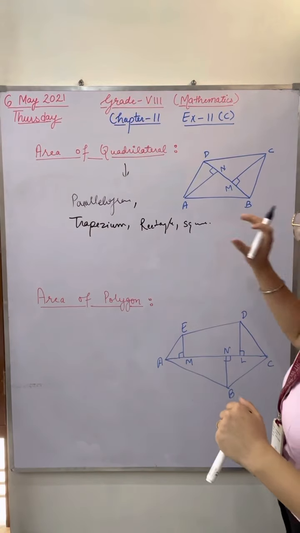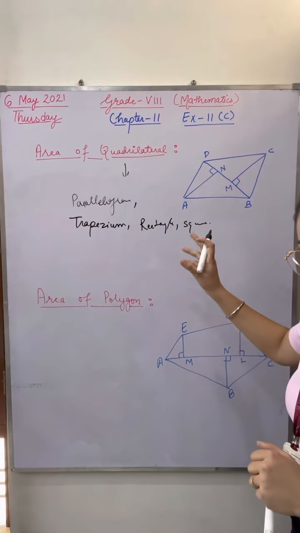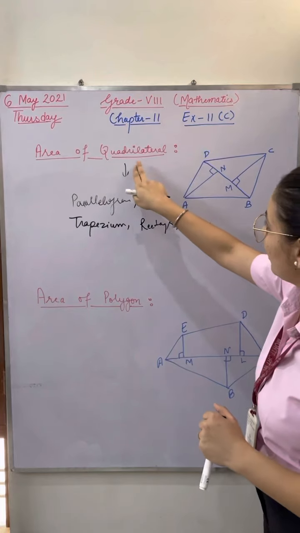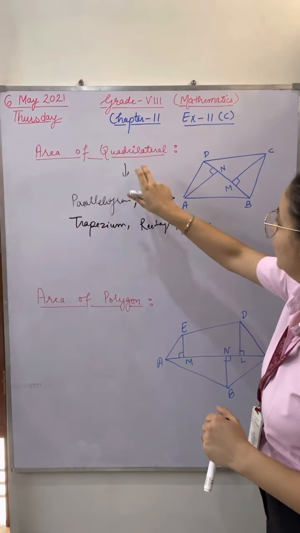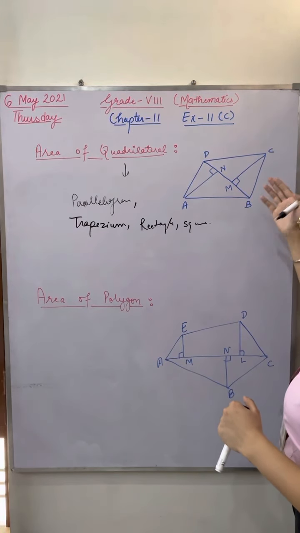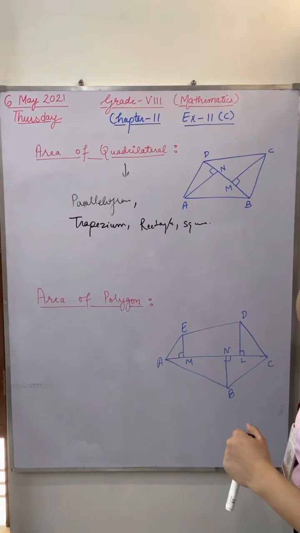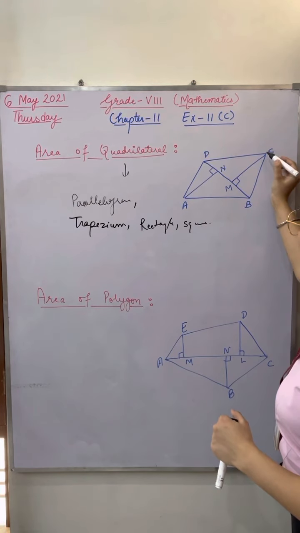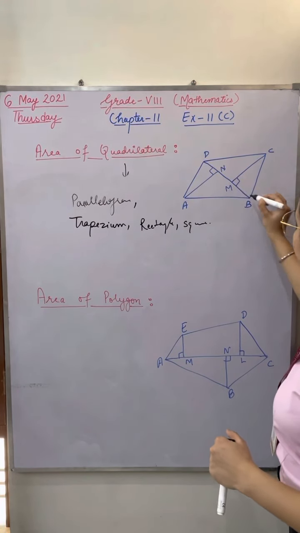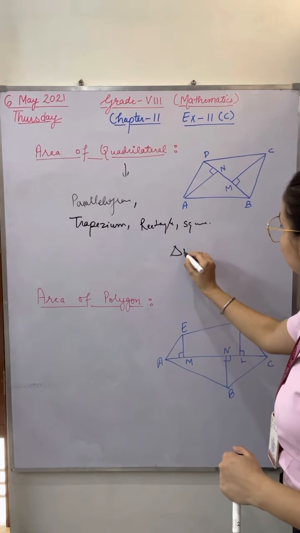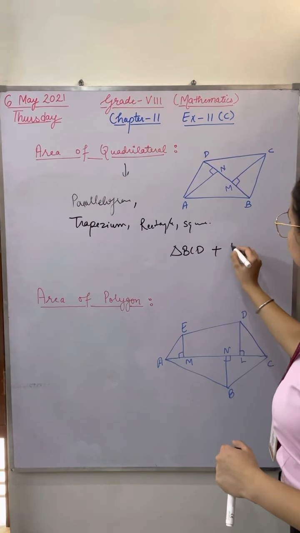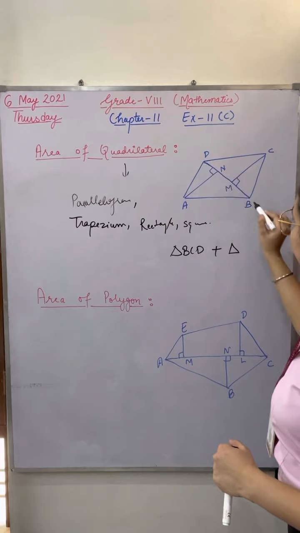So you can consider a triangle also. You can consider a triangle when you take out the area of quadrilateral. See, in this shape, you have to take out the area of quadrilateral, so we can add these two triangles: area of triangle BCD plus area of triangle ADB.